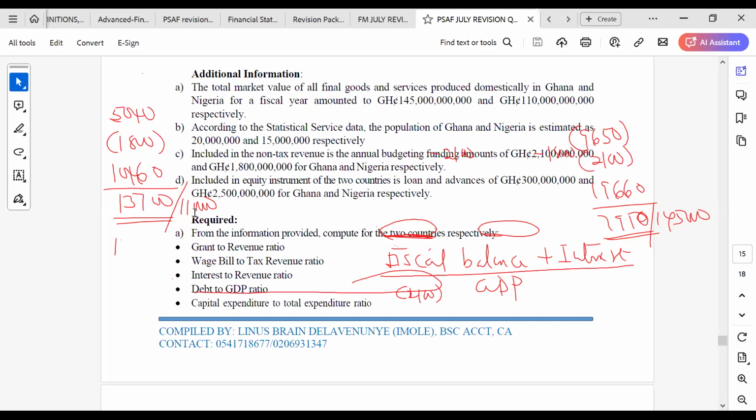We're getting 12.45 for Nigeria. Okay, and Ghana will be 7,910 divided by 145,000. Okay, and I'm getting 5.46.